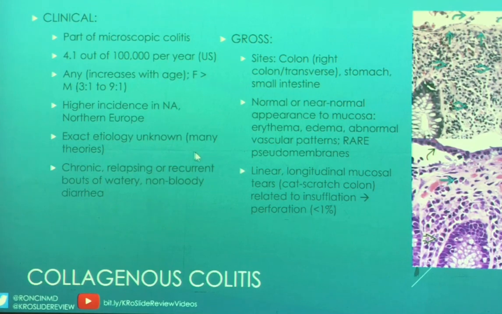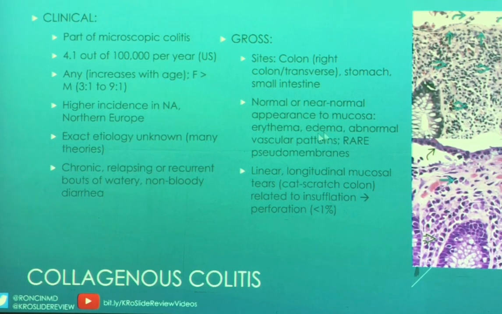And that is extremely important to have in the history. Is the patient having diarrhea? What medications are they on? All those kinds of things. This really likes to occur in and involve the right colon or the transverse colon, but you can see it as well in the stomach and in the small intestine. Grossly, it's going to appear pretty much normal. You may have some erythema or edema.